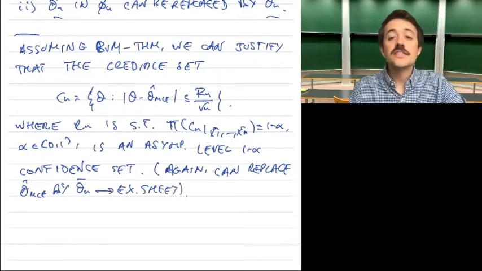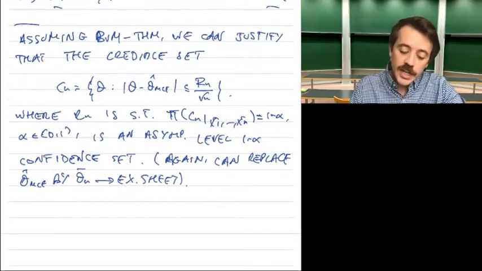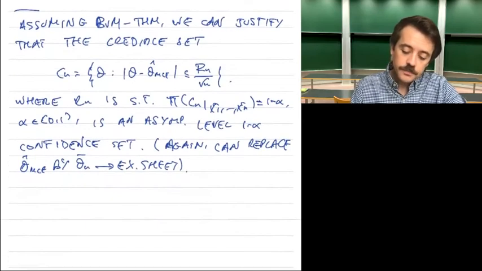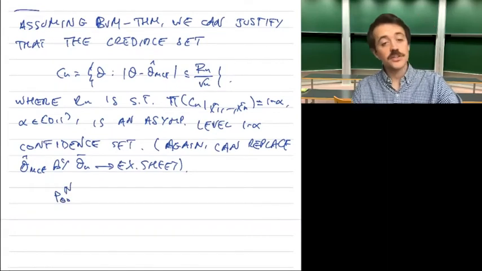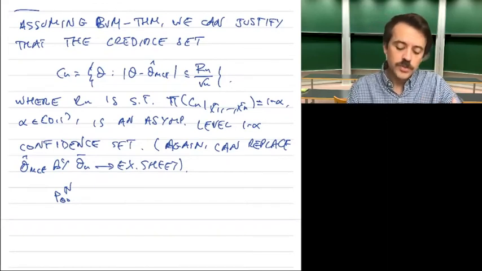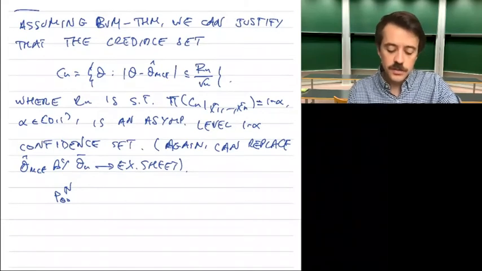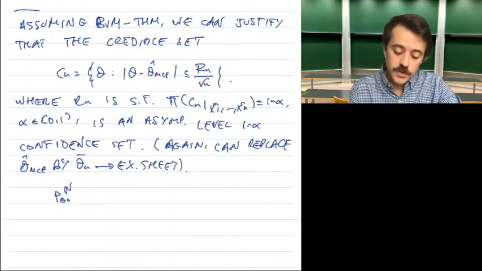All right, so let's see how we can justify this. Let's start by looking at what we are interested in. We wish to look at the probability, where theta naught is the parameter generating the data, of theta naught being in Cn.